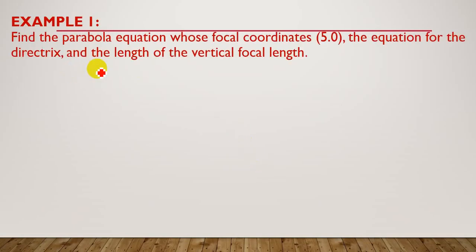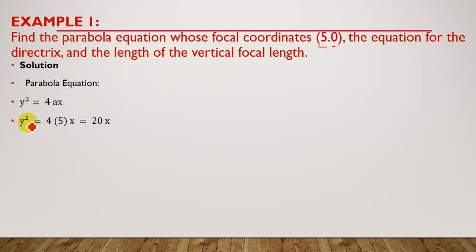So let's see the first example. Now we have focal coordinate 5 and 0, so a is 5, y is 0. We need the equation, the directrix, and the length of the vertical focal chord. Let's see. The parabola equation in that way. This is 4a. Okay, so our equation here equals this.